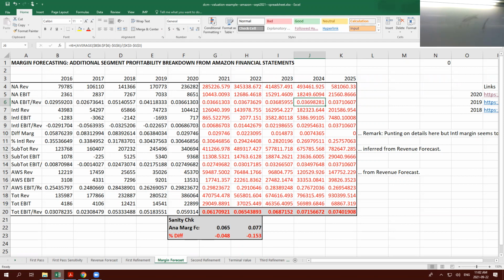Bada boom. Let's see, international. What do I see with international? I see that it's trending up, but mainly trending up from a bad place, right? Negative margins, and now this seems like a special happy time, finally not negative. So I end up saying the following. Look, this looks like it's trending up.